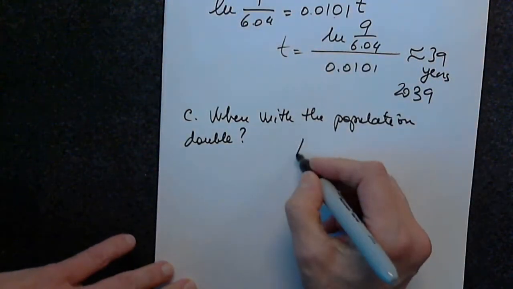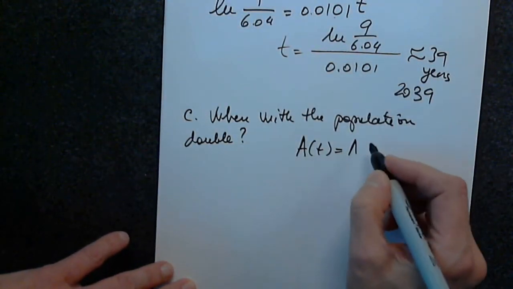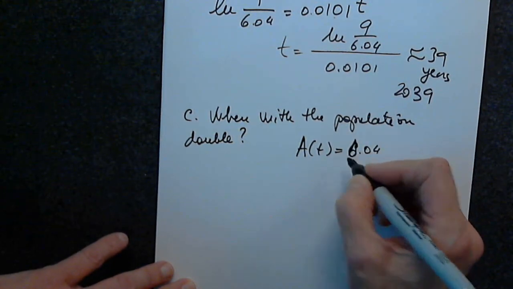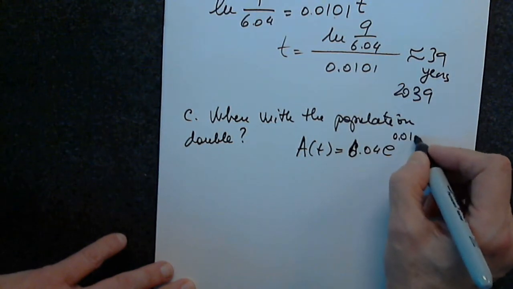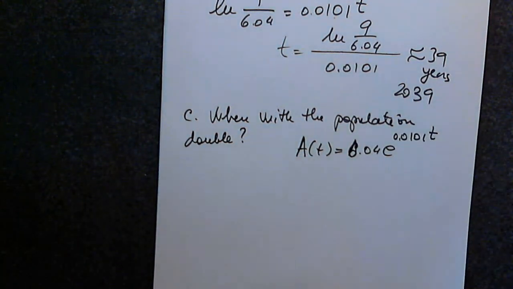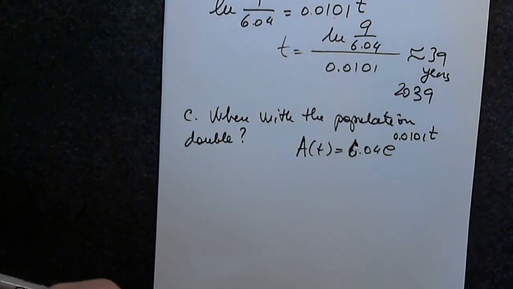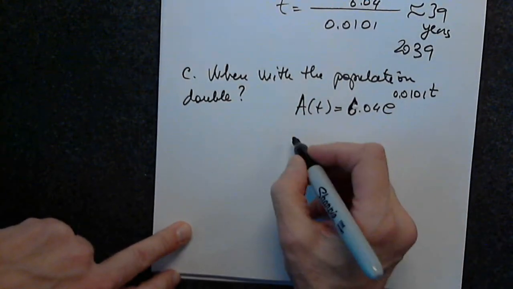So let me write the model. A of t is 6.04. I was going to write A0 again. e to 0.0101t. So now the question is, when will the population double? Exactly. So here's how I do it.